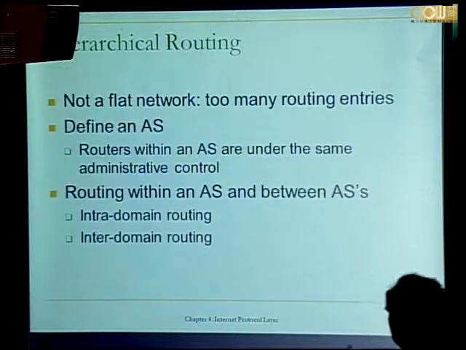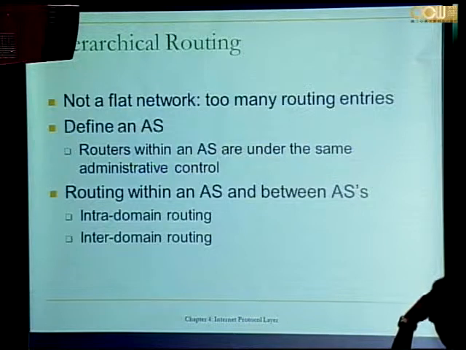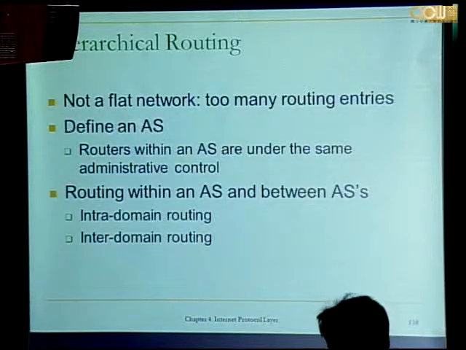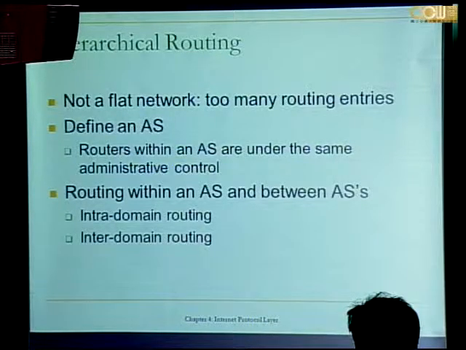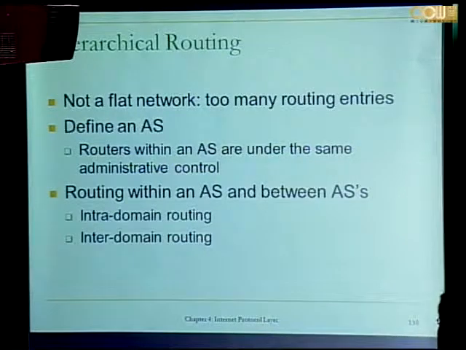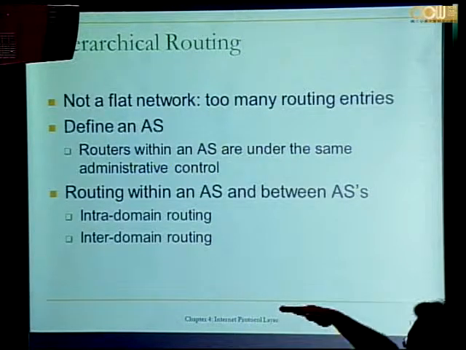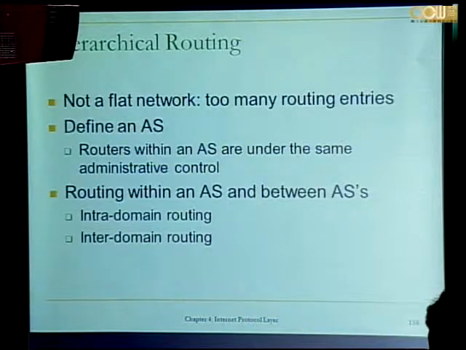domains. So what we did is that it's not a flat network, it's a hierarchical network. If it's flat, there'll be too many entries in the routing tables. So you define domains. From the bottom, you have subnets, and at the top, you have domains. Routers within a domain are under the same administrative control.